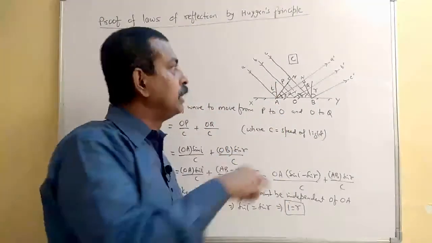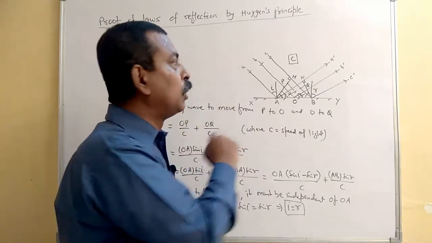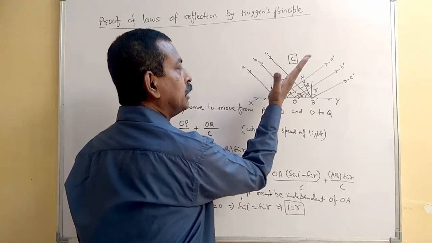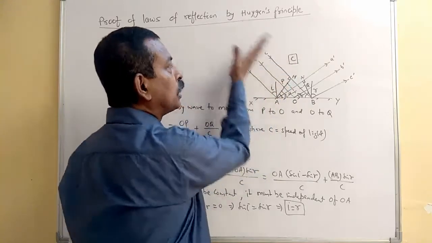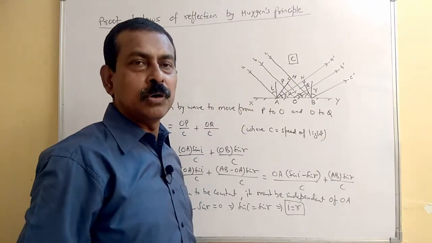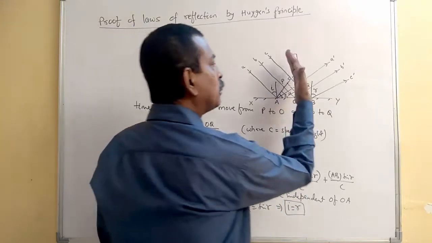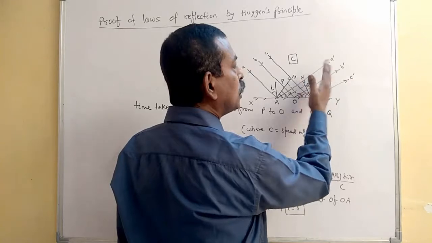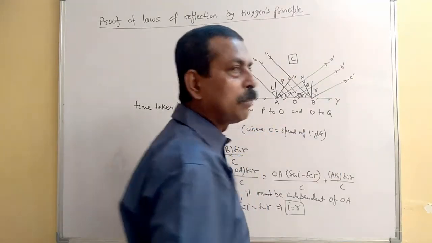So the incident ray will be perpendicular to the incident wavefront. So if this is the plane, in that case perpendicular to that will be in this particular plane of the board. If it is the reflected wavefront, in that case reflected rays will be perpendicular to that. That means it will be perpendicular to the plane of the board.